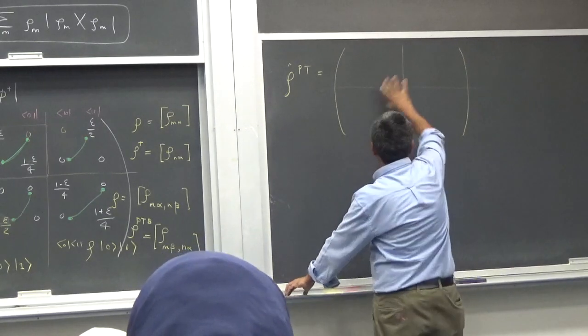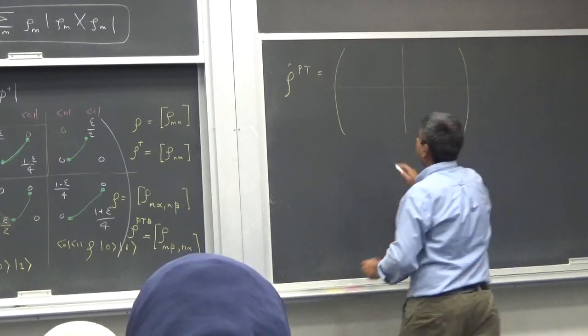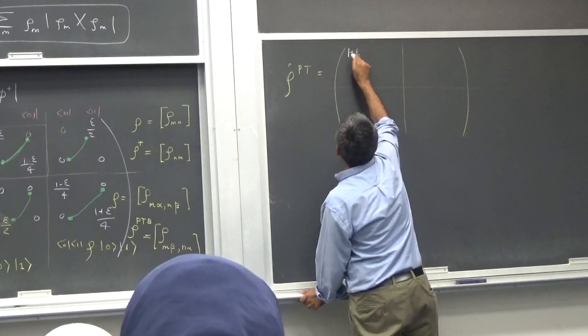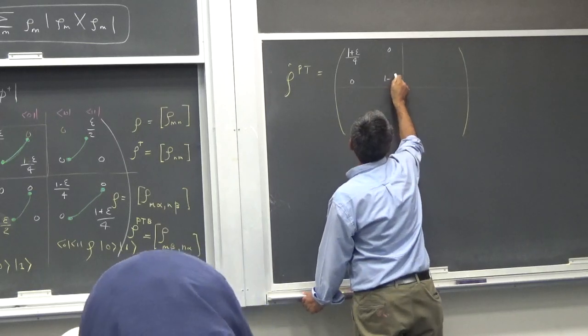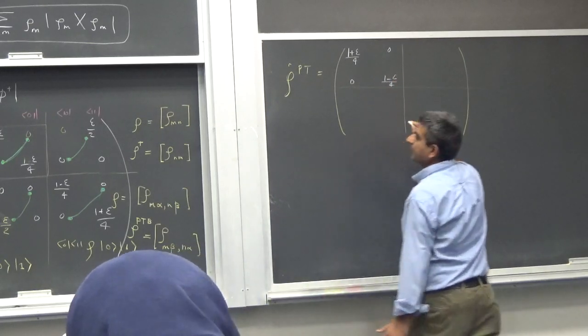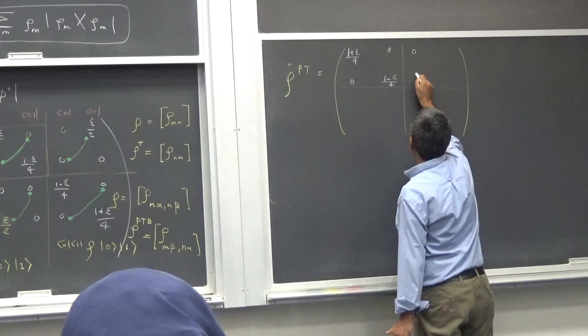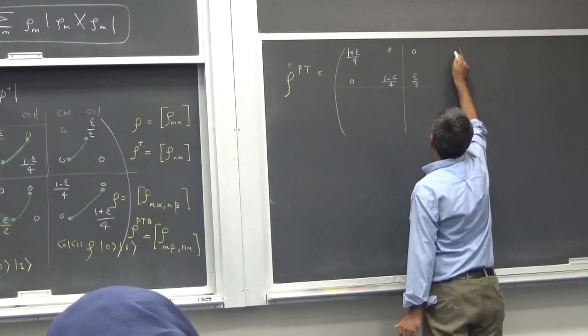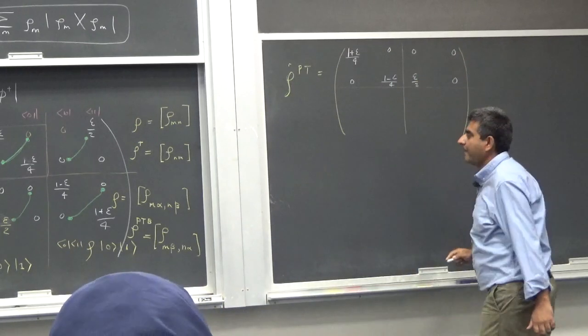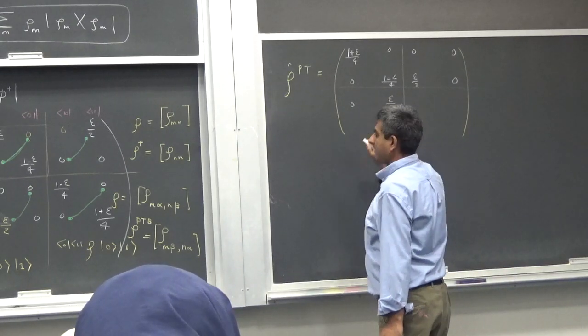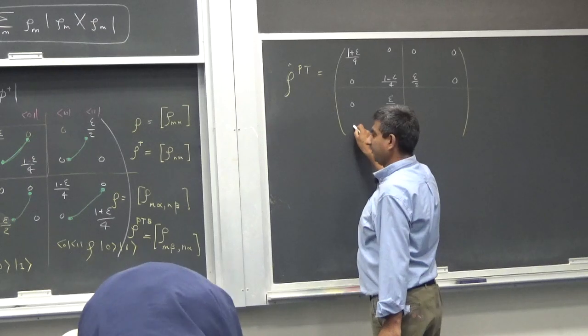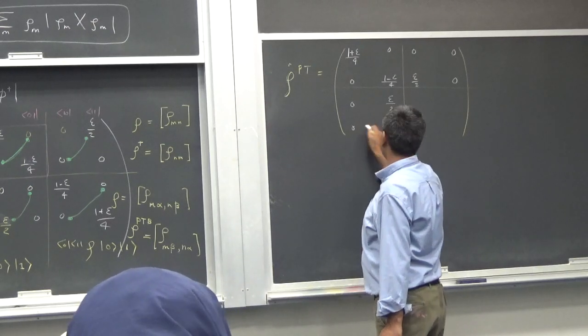So I'm just for convenience breaking this down into 4 blocks. 1 plus epsilon over 4, 0, 0, 1 minus epsilon over 4. Now 0, epsilon over 2, 0, 0, 0, epsilon over 2. This is 0, 0.